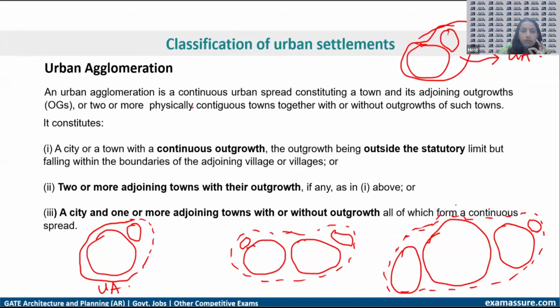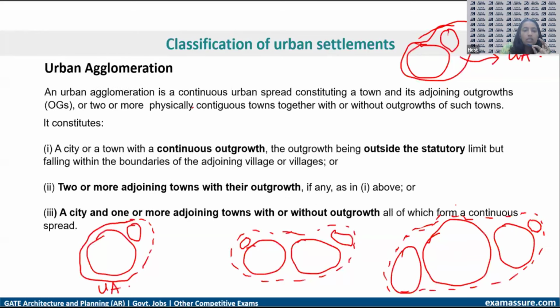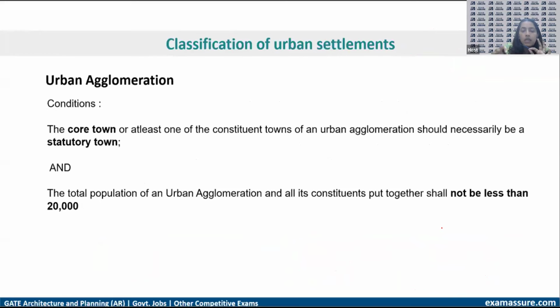Now, for that, the conditions are also that the core town, in this case the larger town or larger city, is the core town, right? And here, at least the core town or at least one of the towns has to be a statutory town.